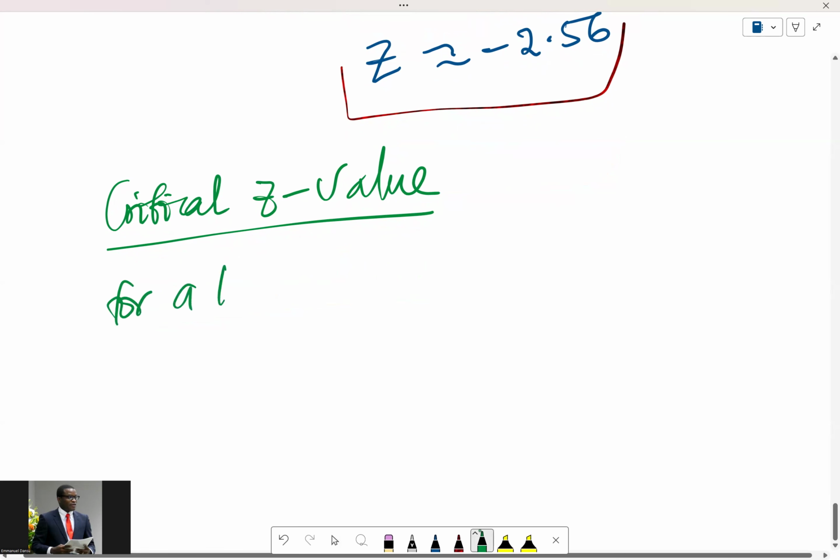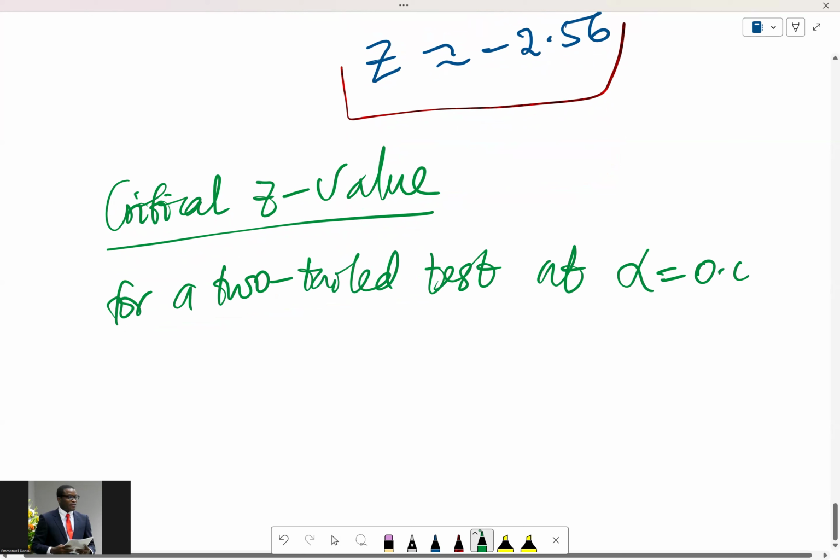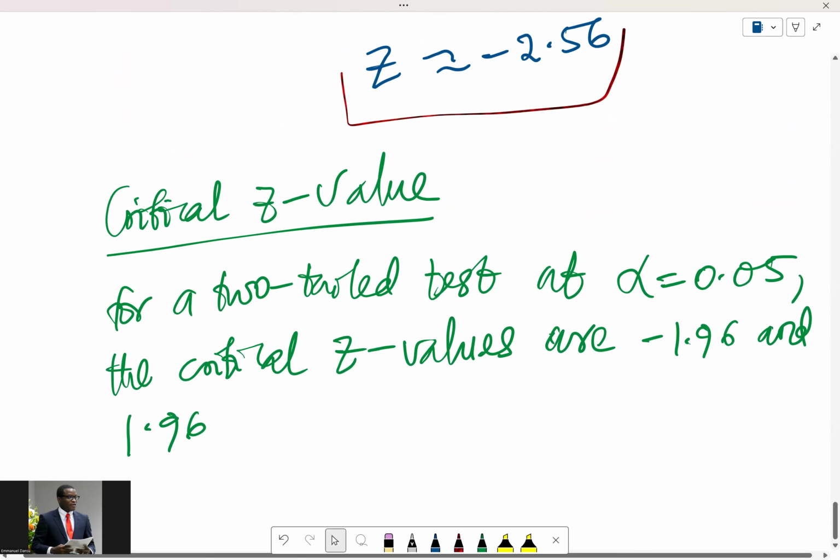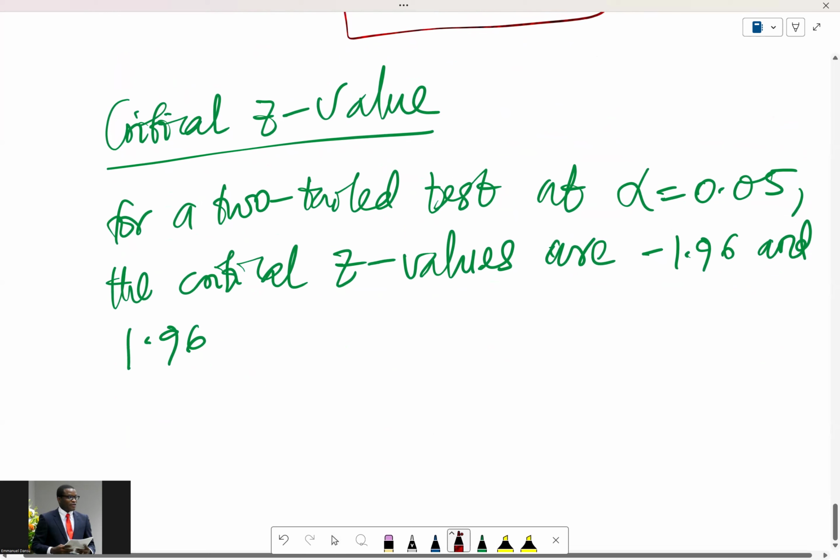So we have for a two-tailed test at alpha equals 0.05, the critical Z values are minus 1.96 and 1.96. Okay, so these are the critical values now, minus 1.96 and 1.96.